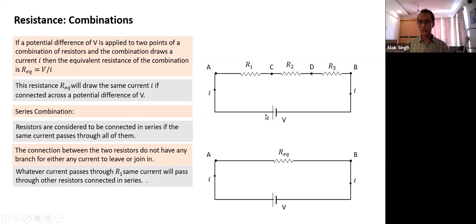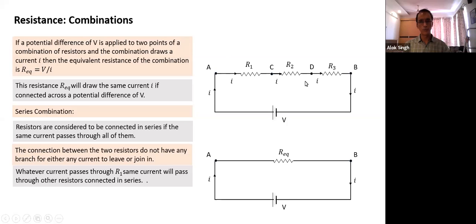So when you connect this battery, at this junction, if the current is I, the same current will pass through R1. If I is the current through R1, the same current I will pass through R2 if it's a series connection. And the logic is also simple. At this junction, whatever current has come in, the same current has to go out. That's the junction rule. And here the junction has only two elements: current coming in and current going out.